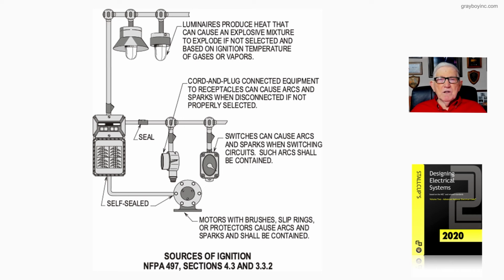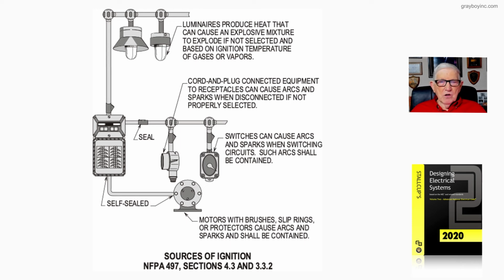If you're in a Class 1 Division 2, then it could be a totally enclosed fan cooled motor with no arcing, sparking, or slip rings or anything like that you see in the illustration. It reads, motors with brushes, slip rings, or protectors that cause arcs and sparks should be contained in some way.